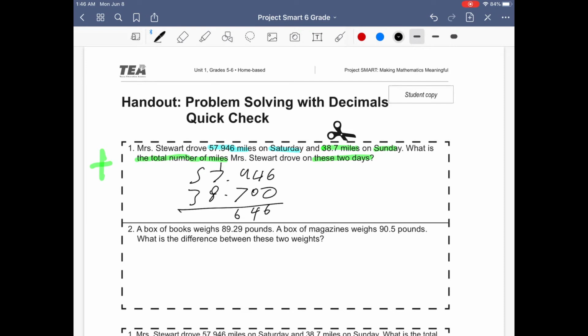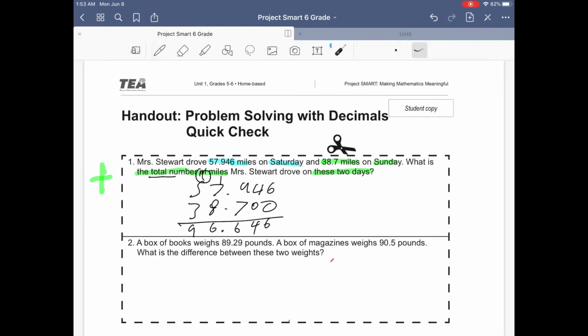And then 7 plus 8 is 15, plus one more is 16 also. And then 5 plus 3 is 8, plus that extra one is a 9. So that's going to be 96,646.